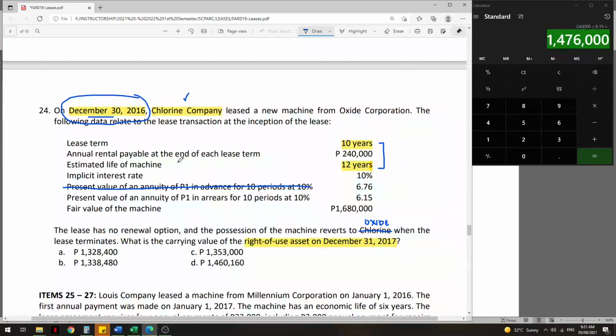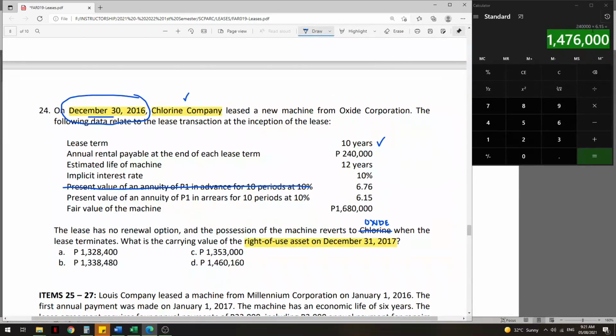Lease term and estimated life, whichever is shorter. Again, if the asset is going to be returned to the lessor, you will depreciate the asset over the shorter of lease term and life of the machine. In our problem, it is clear which is shorter. This is our shorter, 10 years.